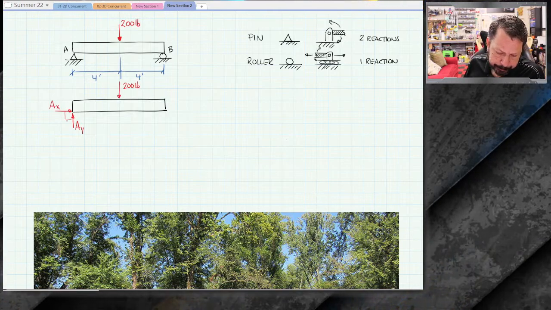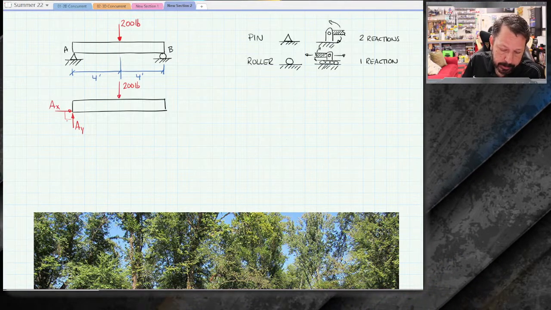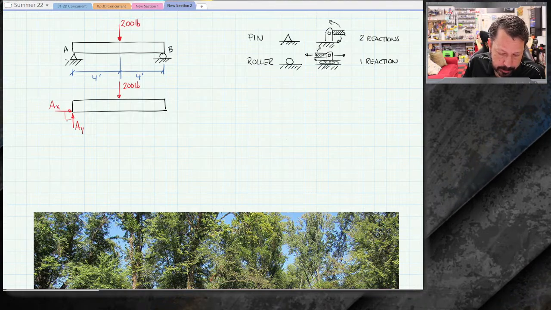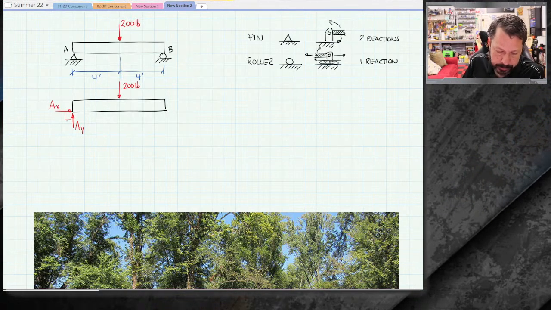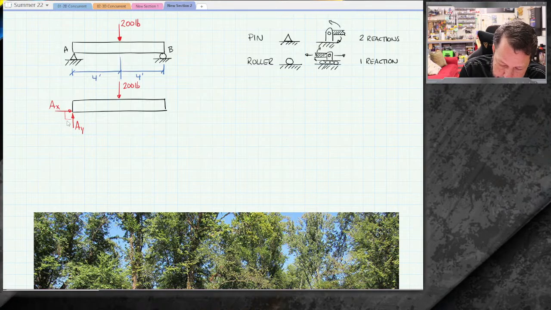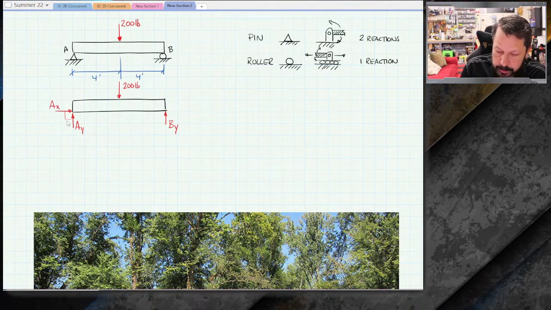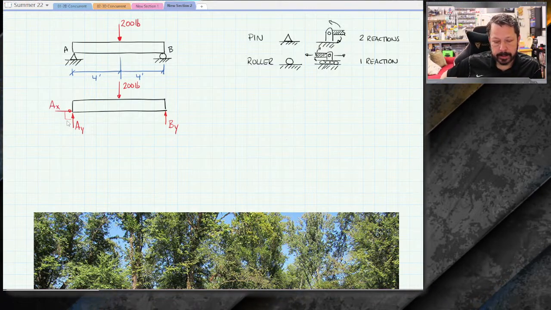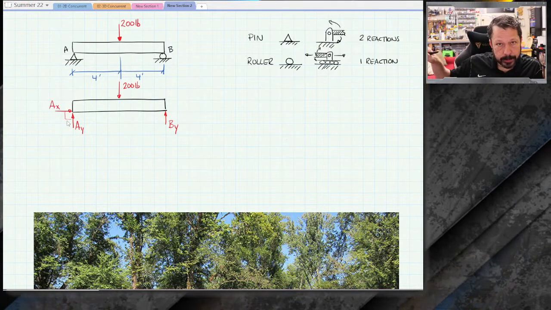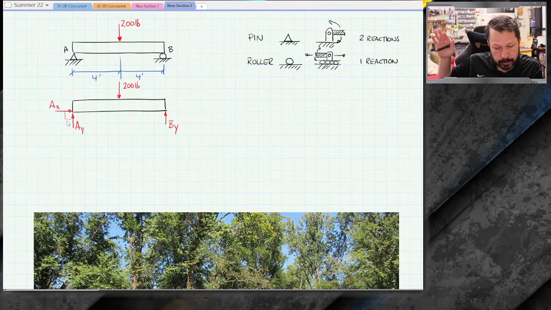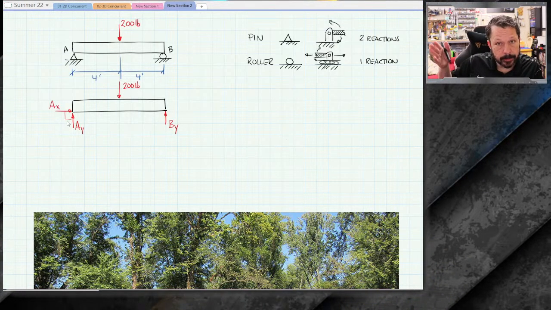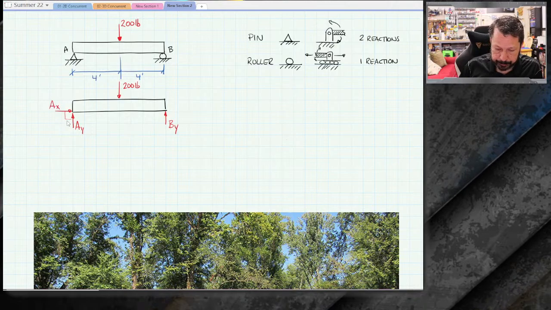I don't know anything other than I picked some directions, up and to the right, and put some labels on there. B only has one reaction because it's a roller. B is letting the right end of the beam move left and right, but it's not letting it move up and down. So it's only got a reaction in the up and down direction.